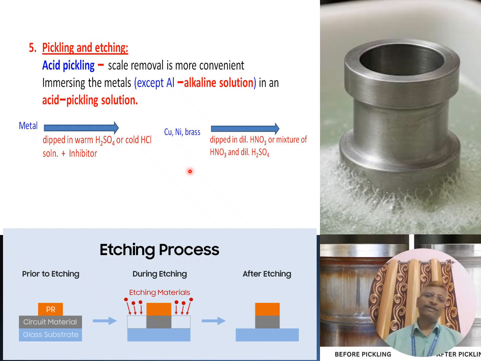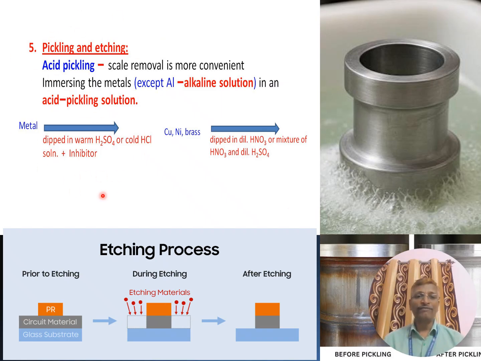Scale removal means if you look at these objects, they should be dipped in an alkaline solution, immersing the metal in an alkaline solution. What happened? After a period of time, the unwanted materials or scale will be removed. Okay, followed by it creates etching.